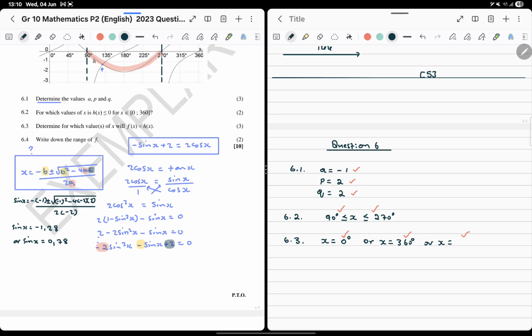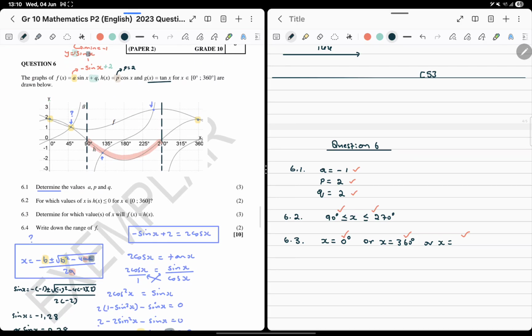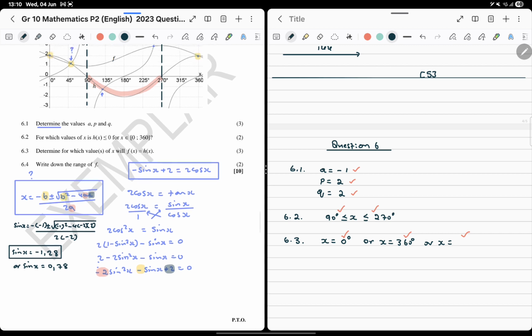So now we want to solve for sine x. As we can see, this is a point in the first quadrant, so sine is positive, so we cannot accept this one, because this is talking about when sine is negative. Sine becomes negative in the third and fourth quadrants, so we're not going to focus on those.